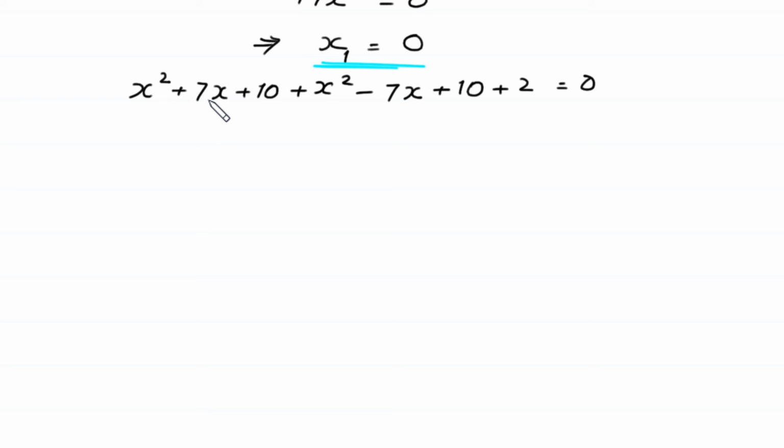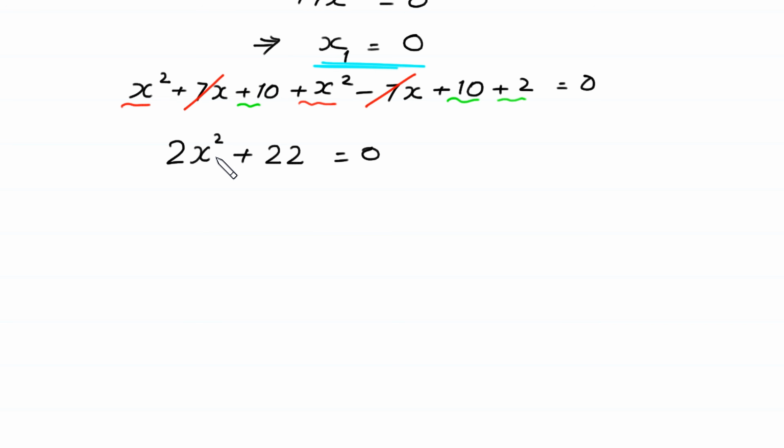Now this positive 7x will be cancelled with this negative 7x, and this 1x squared plus this 1x squared becomes 2x squared, and this plus 10, 20, plus 2, 22. So here we write plus 22 is equal to 0.